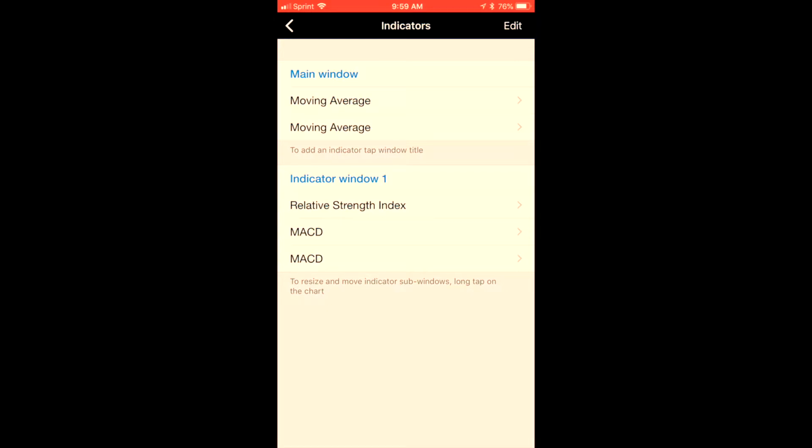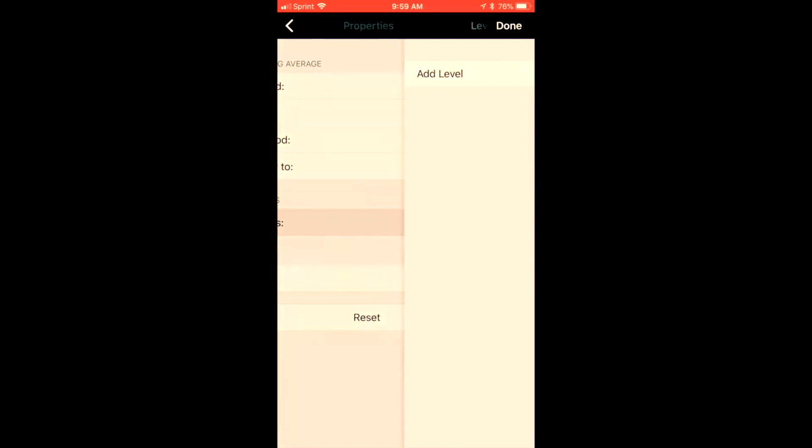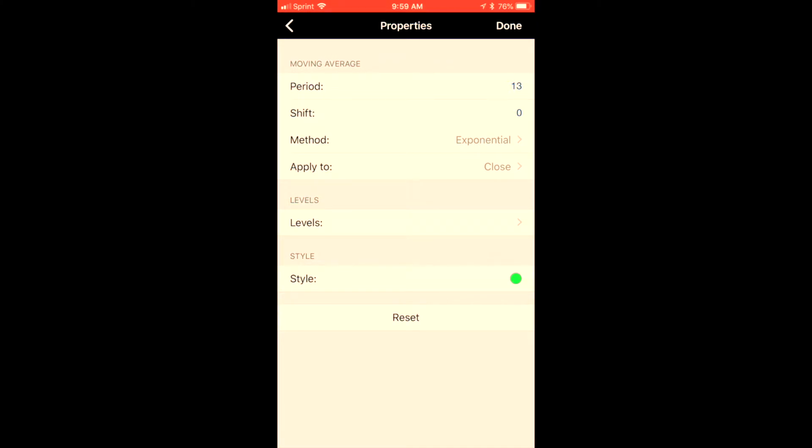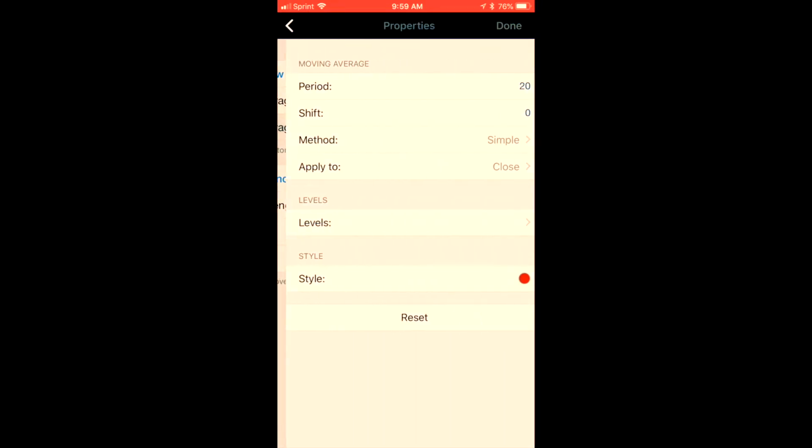Here is how I set this up. It's just like the golden goose, but here you go. The moving average is period 13, shift 0. Method is exponential, apply to close, and the levels are 0. Style is green. This is for the buy. Then you'll have the other moving average, which is at 20, shift 0.